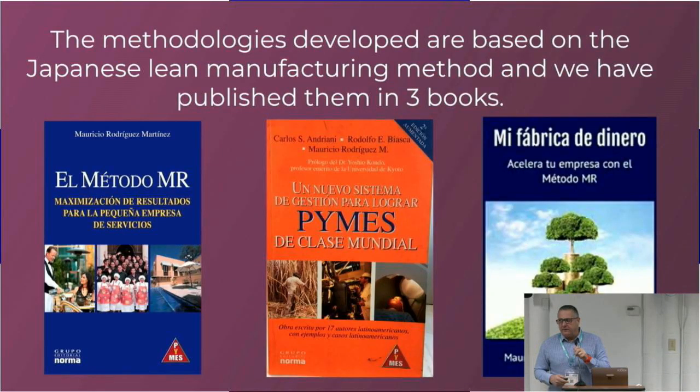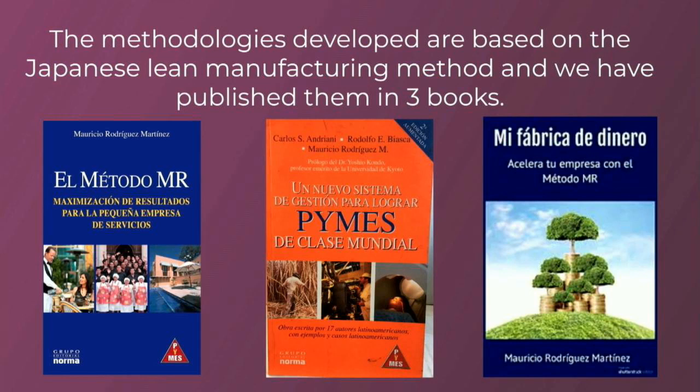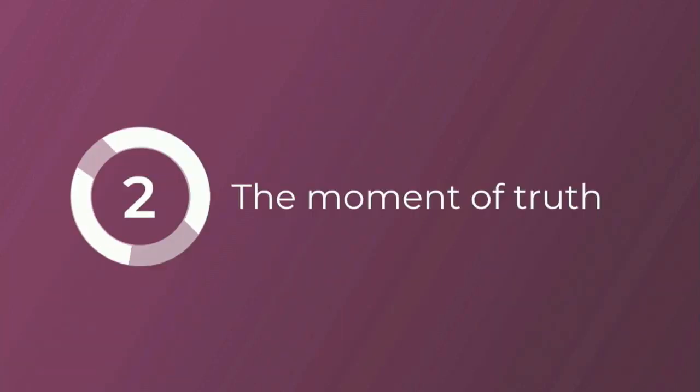Our background is Japanese methodology. You should have heard about lean manufacturing and total quality management, and we made 3 books. This book in the middle was made with different authors from Argentina, Brazil, and many successful cases in Latin America. That's our background.